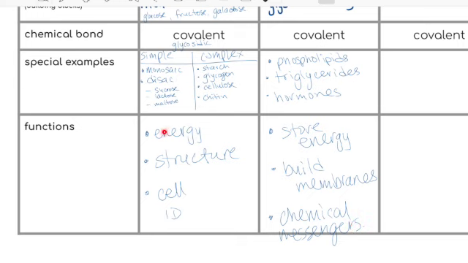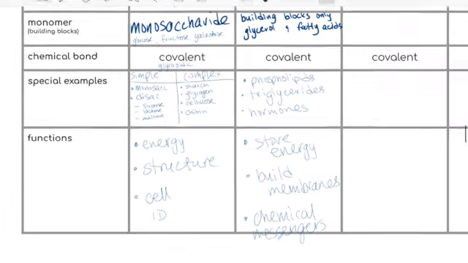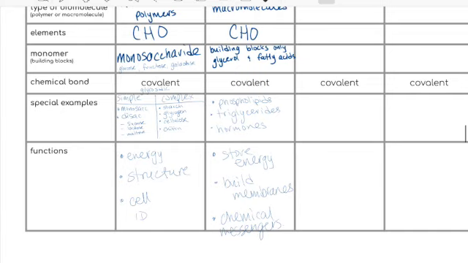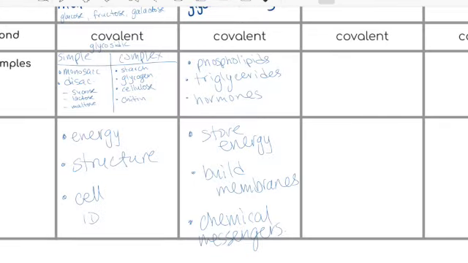The mono and disaccharides are fast energy. Starch and glycogen are long-term energy. Structural carbohydrates are cellulose and chitin. And some carbohydrates can be stuck onto the phospholipids to identify cells as either on your team or against you, so either belonging to you or not.